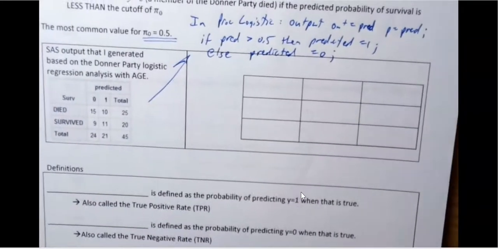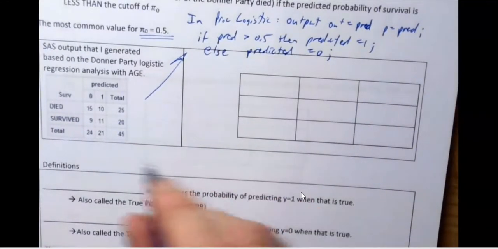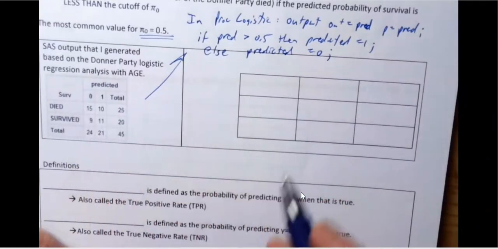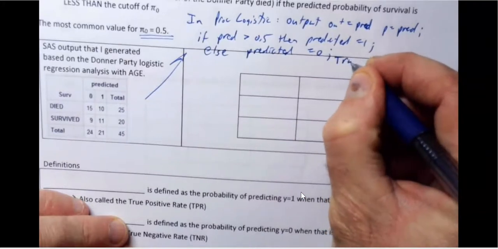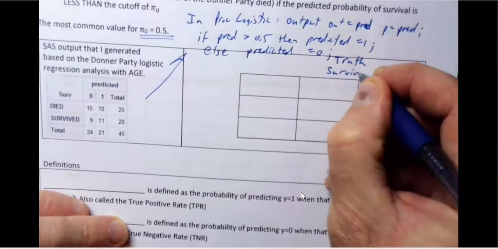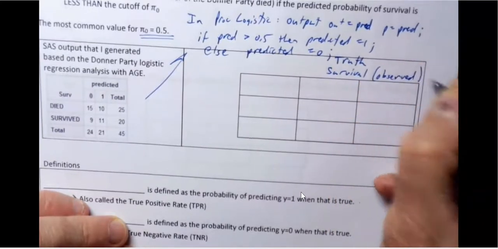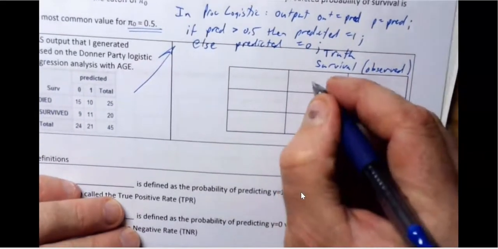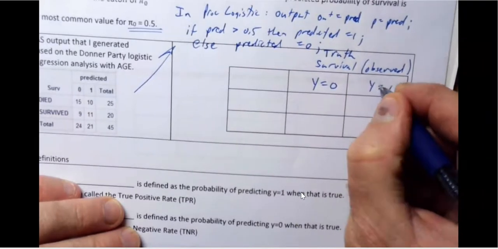Now, I'm going to rewrite this table, and I'm actually going to flip the two rows and columns here. In the top here, I'm going to put the truth, or survival observed. We actually observe this in the data set, so we know this is true. Okay, y is equal to 0, that means they died. Y is equal to 1 means they survived.